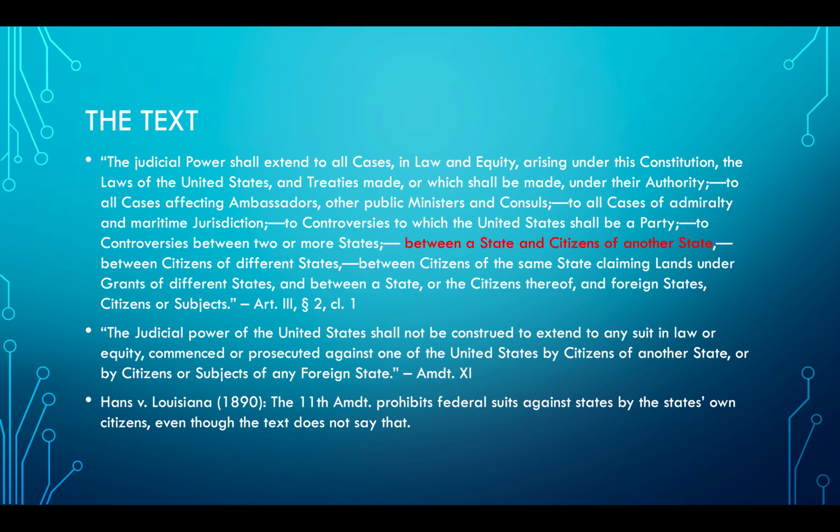But the Supreme Court holds that the 11th Amendment doesn't really mean what it says. The Supreme Court holds that the 11th Amendment is a general recognition of sovereign immunity, a sovereign immunity that predated the Constitution and that the states did not give up in the document of the Constitution. And so the 11th Amendment is really just a reminder of sovereignty.